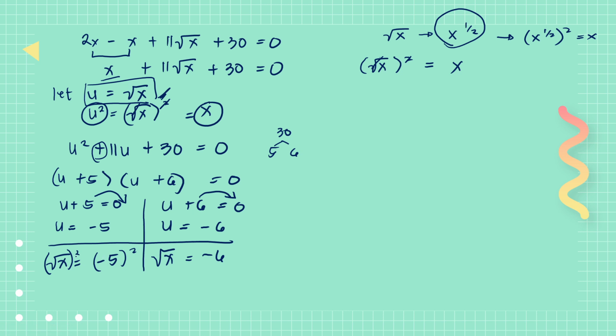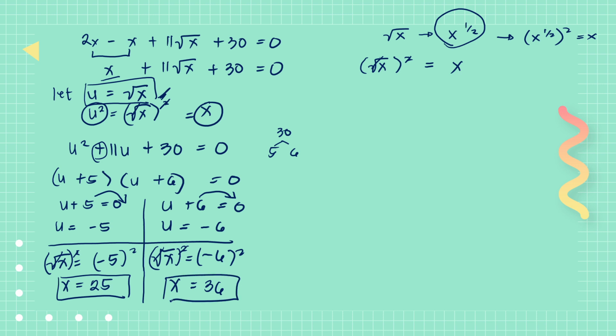So square root of x quantity squared will give us x equals the square of negative 5, which is positive 25. And then for the second equation, square root of x equals negative 6. The square of it, we have square root of x quantity squared, which will give us x equals the square of negative 6, which is positive 36. Therefore, the values of x are positive 25 and positive 36.